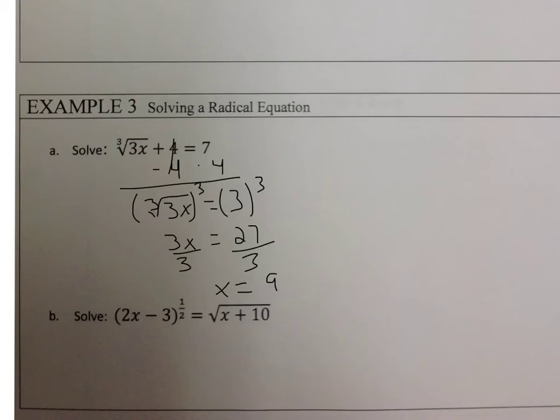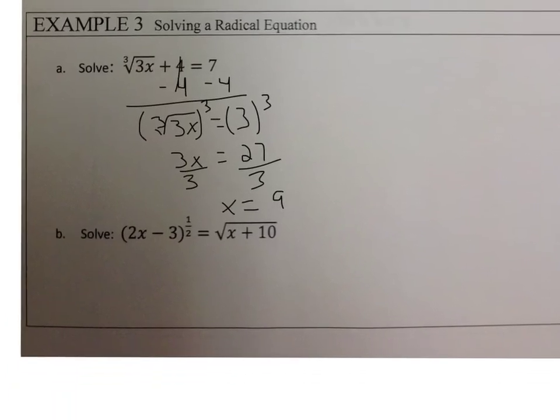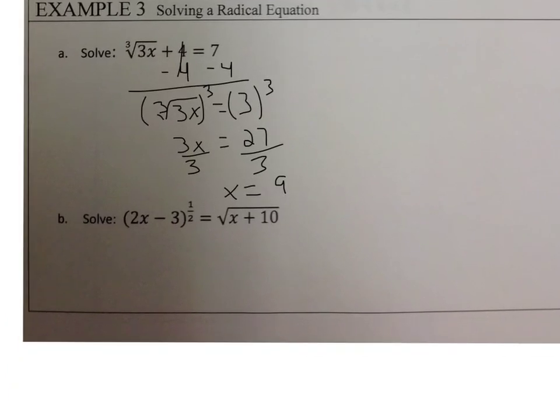Let's look at example 3b here. We have a square root on this side, but we have this other thing, 2x minus 3, raised to the 1/2. We've dealt with rational exponents before. Remember, fractions and exponents are called rational exponents. We have to change it to a radical.